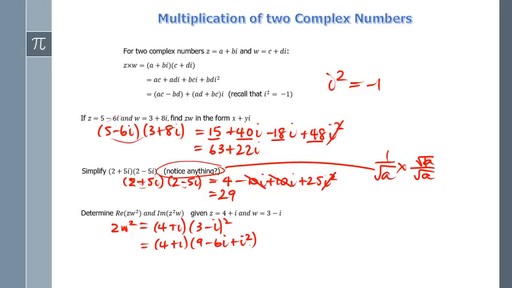We know that that is negative 1. So I'm going to have 4 plus i times 9 minus 1, which is 8 minus 6i.